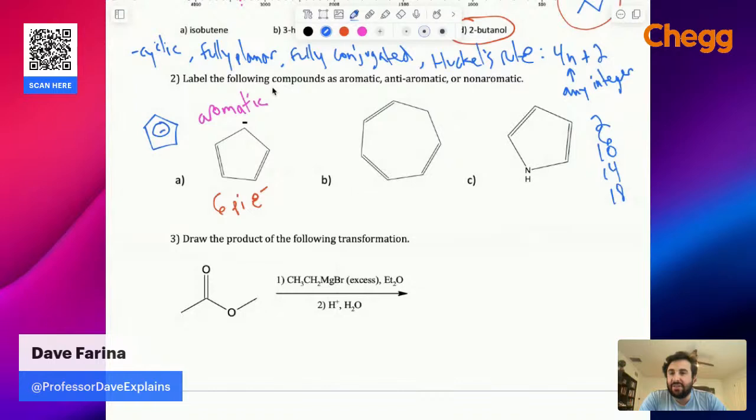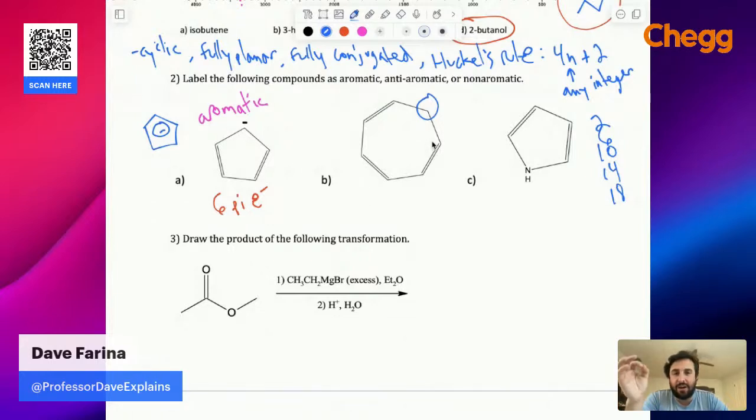So we have to understand that it is cyclic, and there is some conjugation, but it's not fully conjugated. There's no resonance structure that will yield any pi electron density on this carbon. Therefore, it does not qualify, even though it satisfies Huckel's rule, right? There are 6 pi electrons.